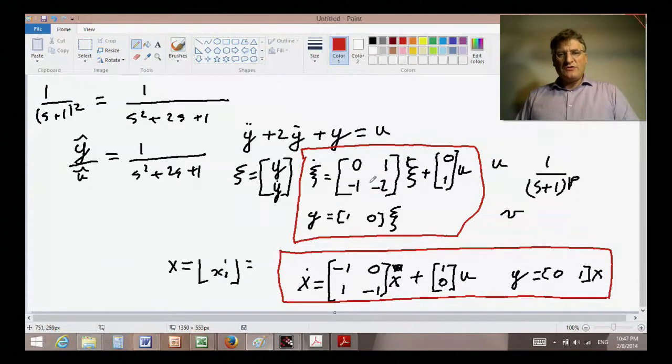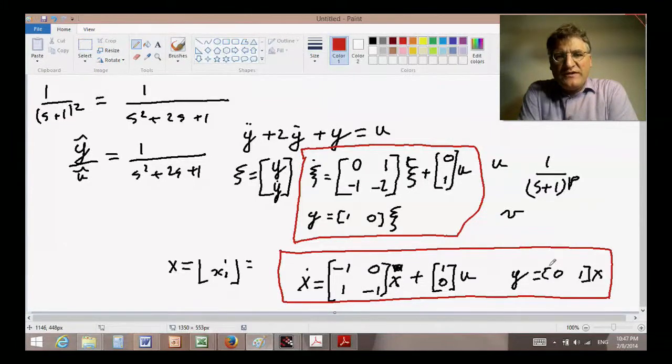However, the two representations are completely equivalent, and therefore there is a state variable change that transforms this A matrix into that A matrix, this B matrix into that B matrix, this C matrix into that C matrix. Therefore, for the same transfer function, you can very easily find two different state space representations.